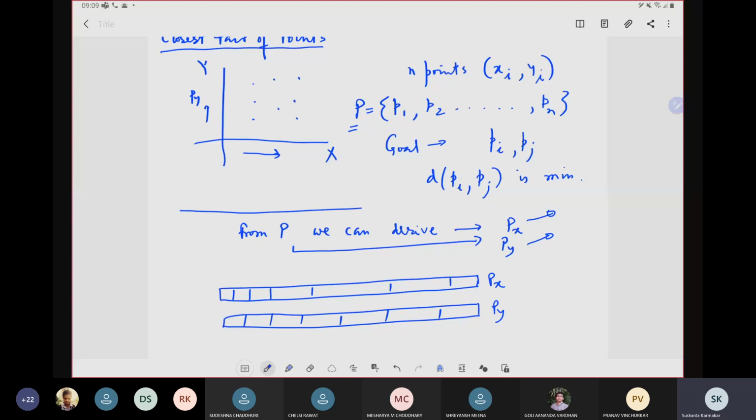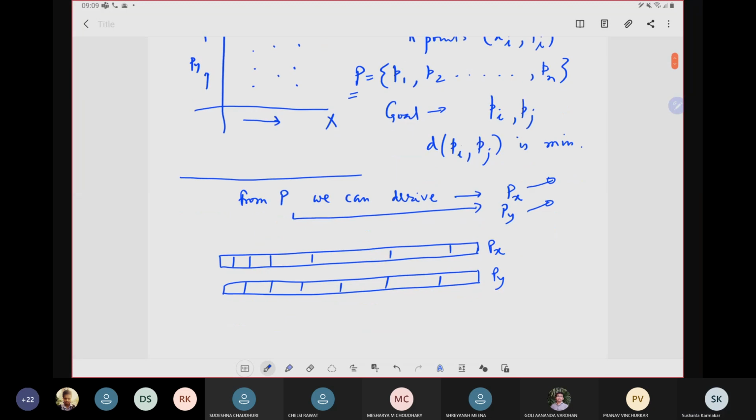Now, what we assume is that each element here, suppose this is an element, occurs at the fourth position from the left in Px, but it may not occur at the fourth position from the left in Py. It may occur at any random position, because this is y sorted. Let's say this is the position. So we make an arrangement: you can think of this as an array of records. This has a pointer pointing to this.